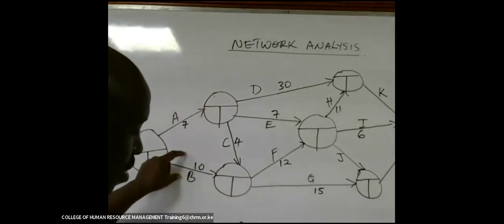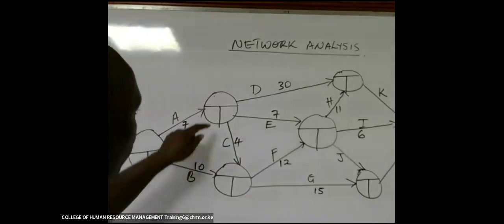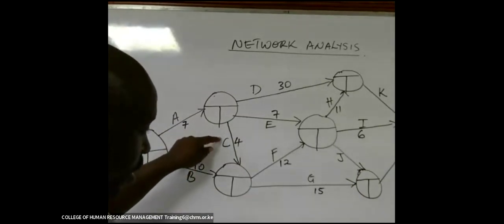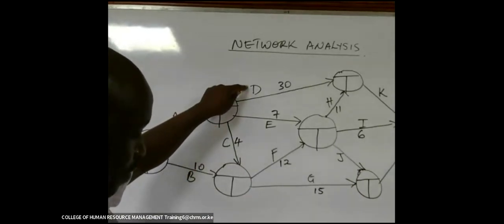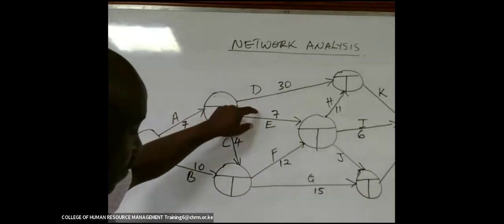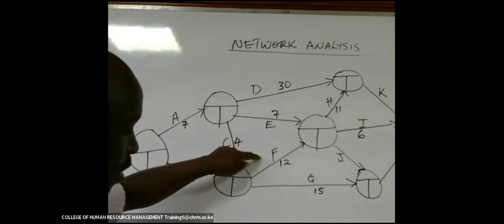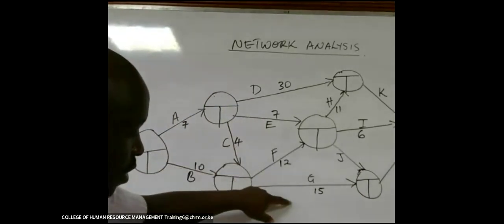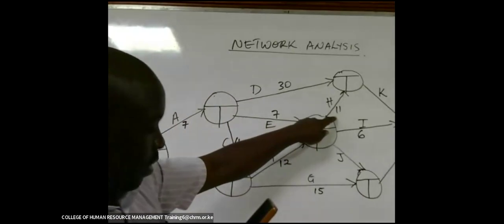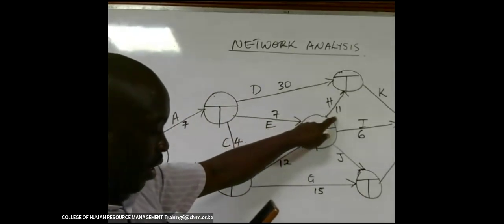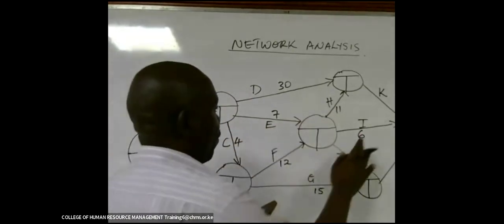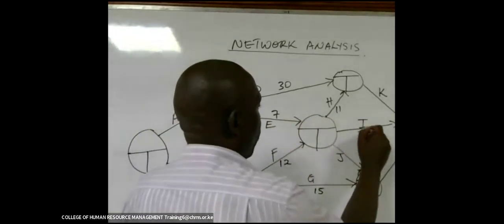A is 7, B is 10, C is 4, D is 30, E is 7, F is 12, G is 15, H is 11, I is 25.